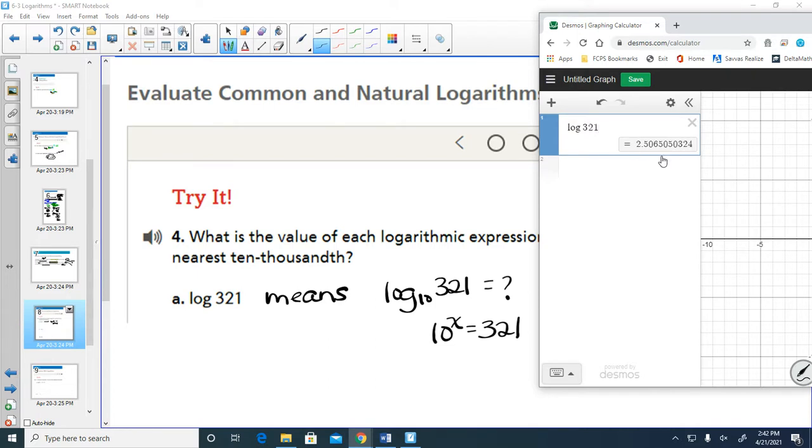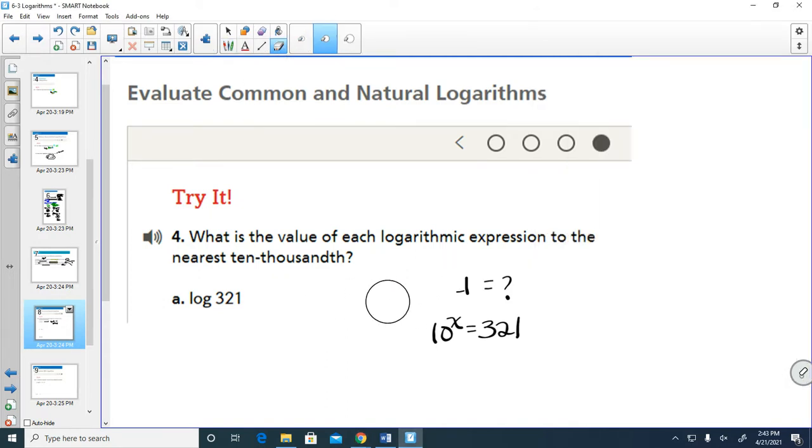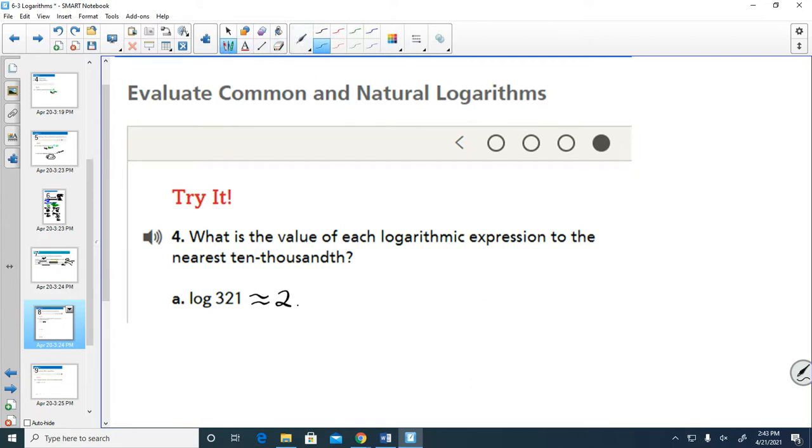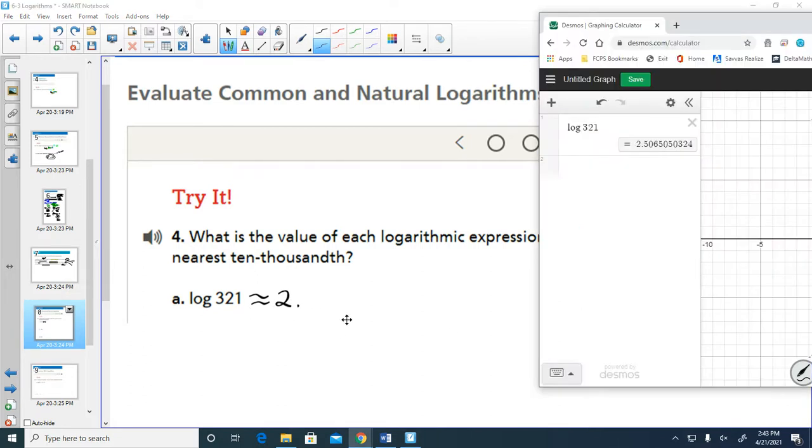It says to the nearest 10,000th, which would be tens, hundreds, thousandth, 10,000ths. That would be 4 decimal places. So I would say 2.5065. So over here, I'm going to say that this is approximately 2.5065.